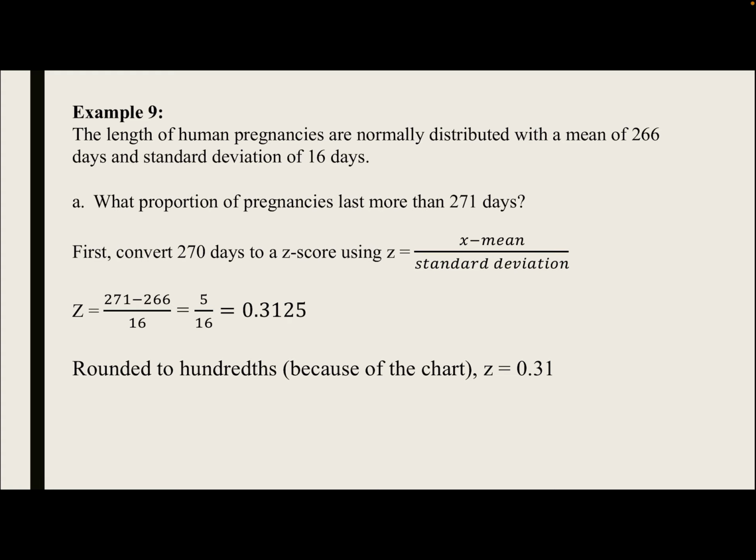Example 9. The length of human pregnancies are normally distributed with a mean of 266 days, standard deviation of 16 days. What proportion lasts more than 271? So we're going to convert that to a z-score. You subtract the mean of 266, divide by 16, and round it to hundredths. So z equals 0.31.